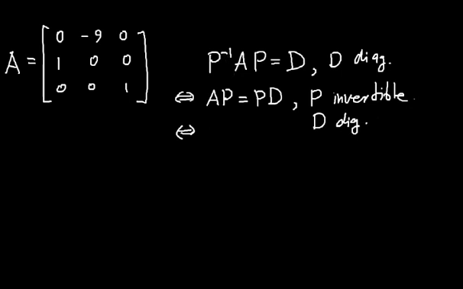In the next step of reformulating what this all means, we say that P is given by column vectors k1 up to kn. In this case there are 3 of them, because we have a 3 by 3 matrix: k1, k2, k3.